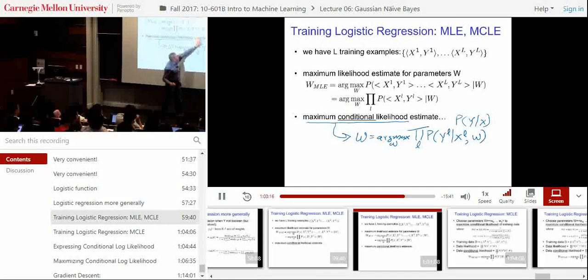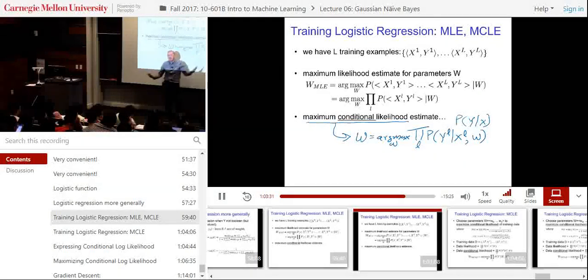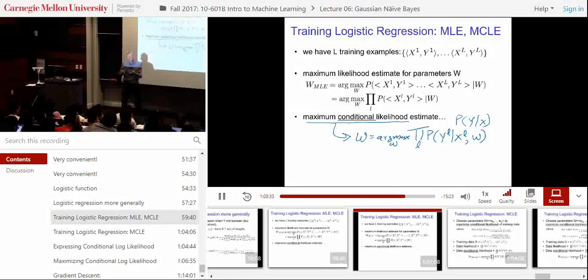And so instead, it's fine to just say what we really want is, over the L training examples, we just want the parameters that make the observed label for each of those training examples as probable as possible, given that we know the x. We don't have to worry about how probable x is. It's just the example we got.